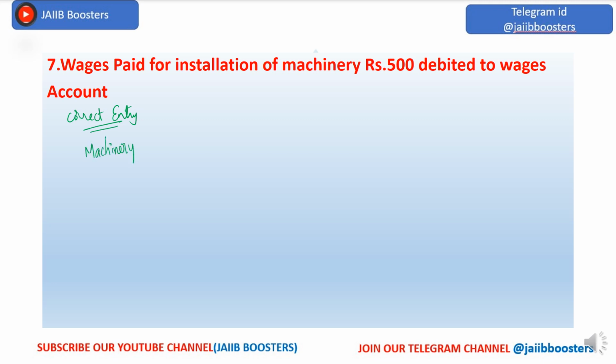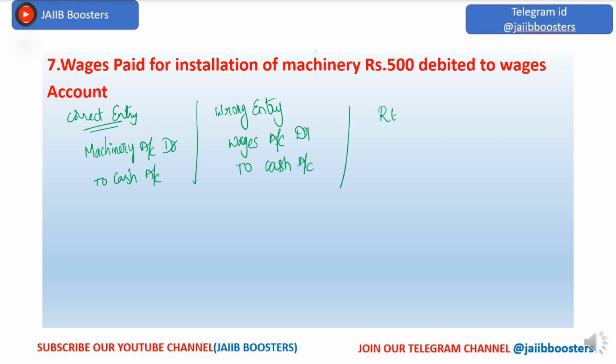So here the account would be the machinery account debited to cash account. But we have done a wrong entry. What wrong entry have we done? We have debited to the wages account. So we have to debit it to the wages account, from wages account to, in which we have to credit that to cash account.